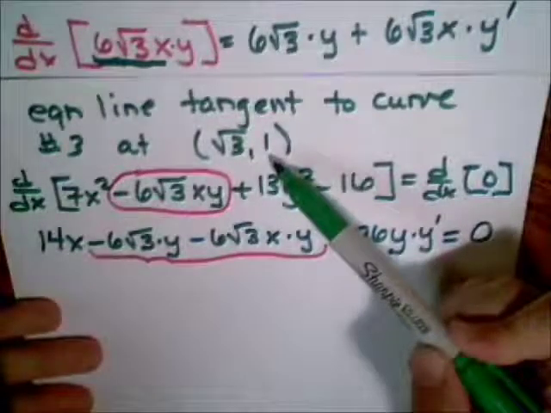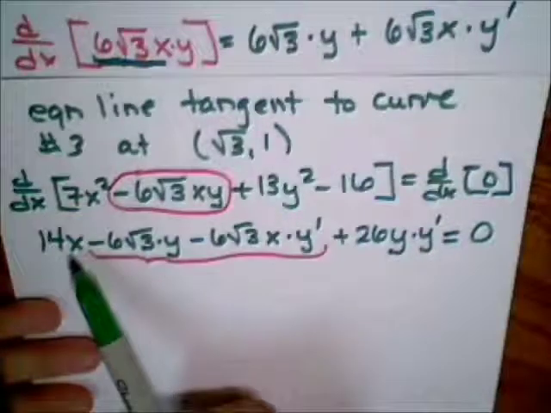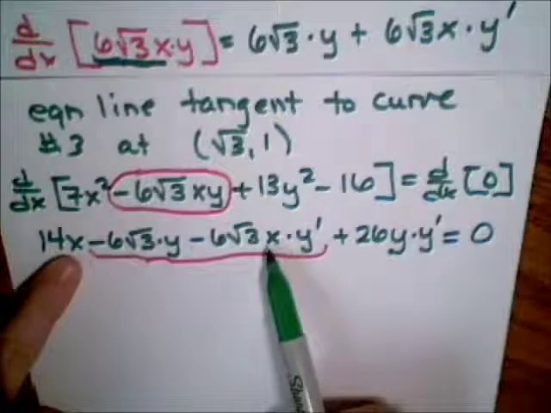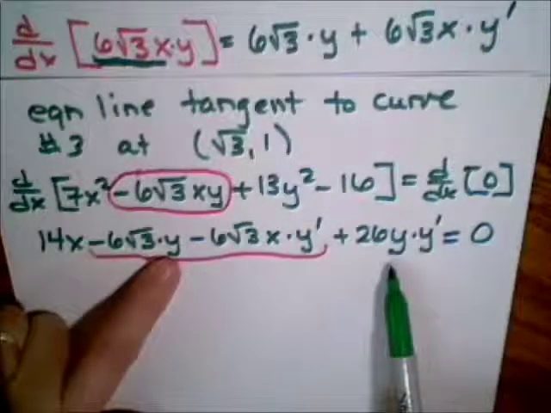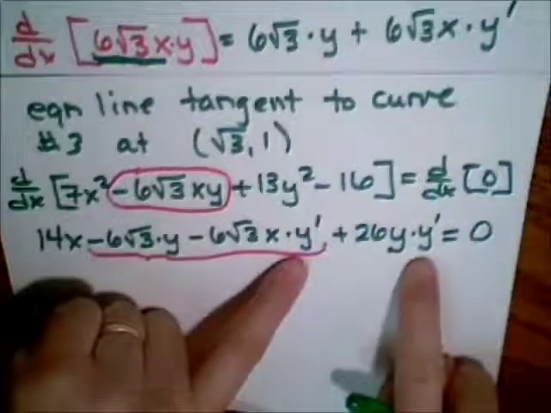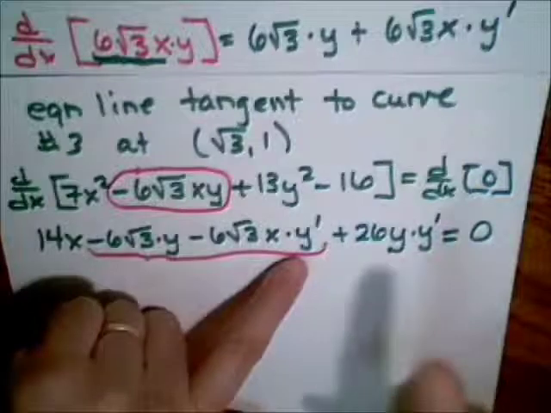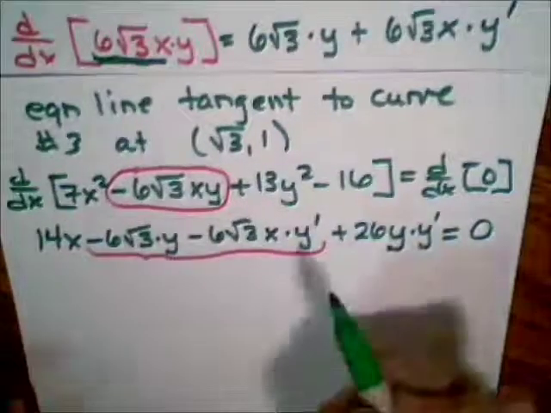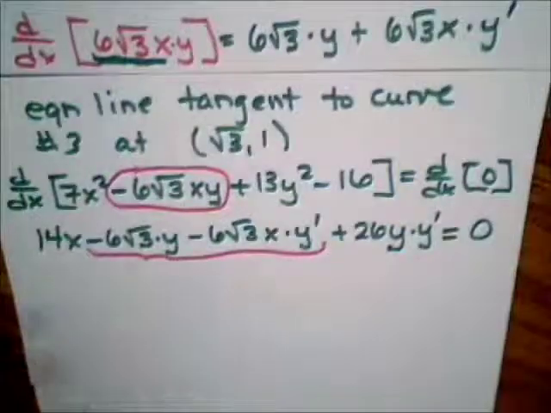We could do the substitution right now, and everywhere we see an x we could substitute square root 3. And everywhere there was a y, here and here, we'd substitute 1. Then the only variables remaining would be these y primes. We saw that in video 2. But let's proceed as if we were required to get y prime by itself so that we can practice the algebra.